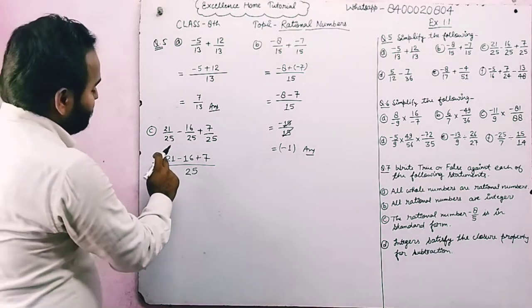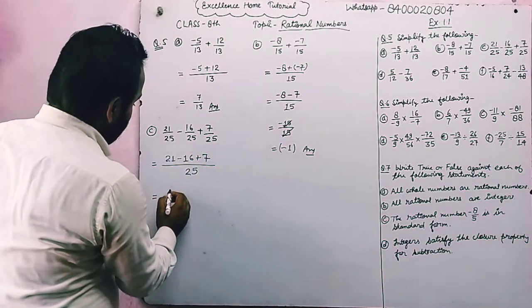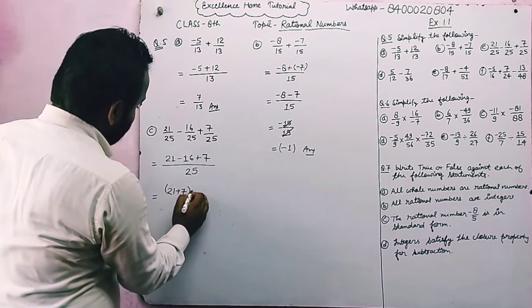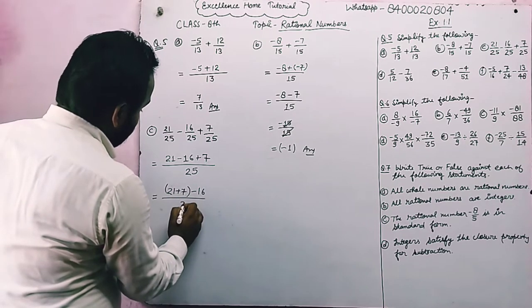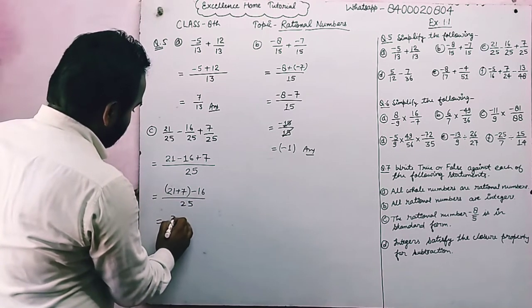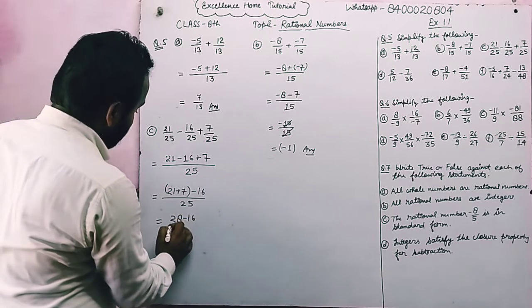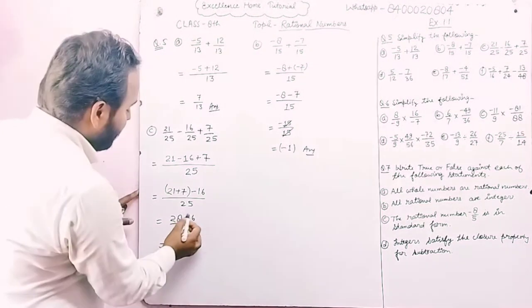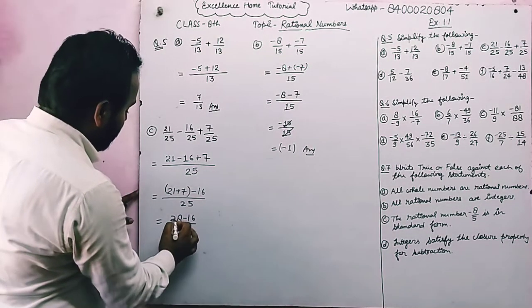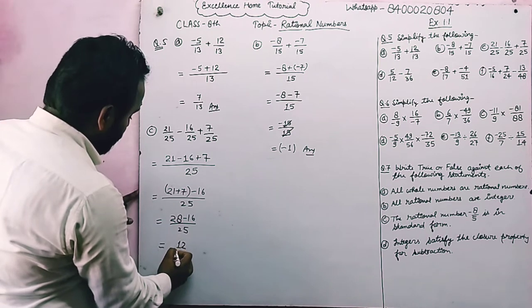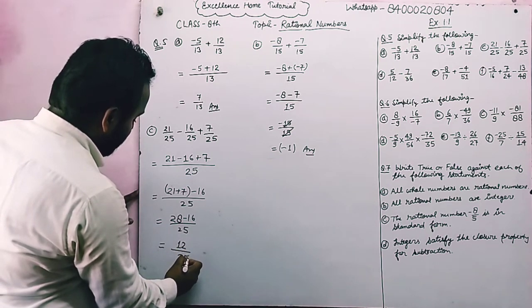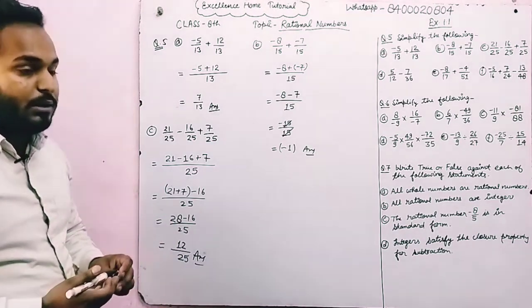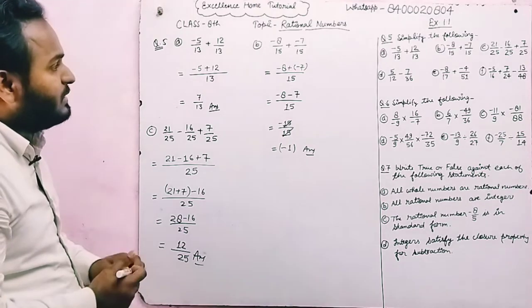According to the BODMAS rule, we first add 21 plus 7, then subtract 16 upon 25. This is 28 minus 16 upon 25, which is 12 upon 25. This is the answer. 28 has a plus sign, so the result is also plus.